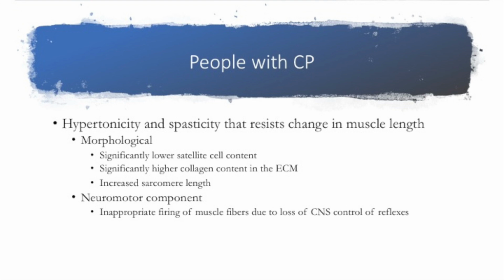This collagen content creates more resistance to deformation compared to typically developing children. It has also been shown that people with CP have significant increase of sarcomere length. This increased collagen content within the ECM, combined with the sarcomere length, create the significant passive stiffness that we can notice working with this population.